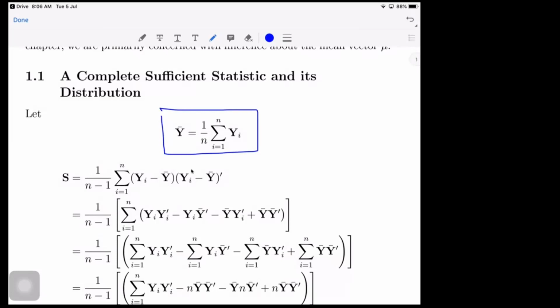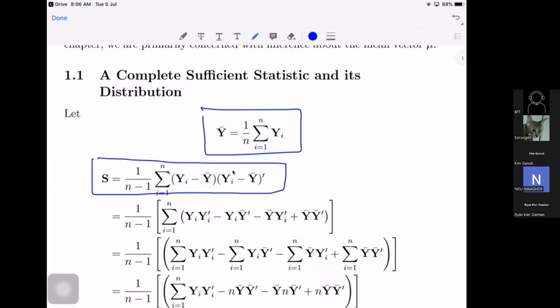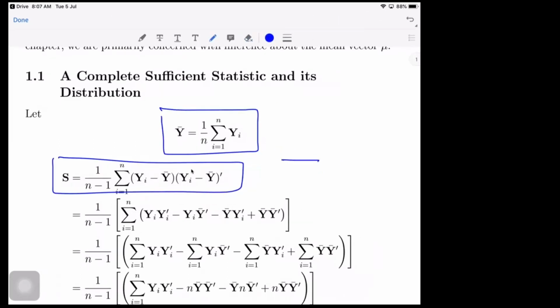And the S will be the one which is divided by n minus 1, because this will give you the estimator for sigma, which is unbiased. So it should be divided by n minus 1.